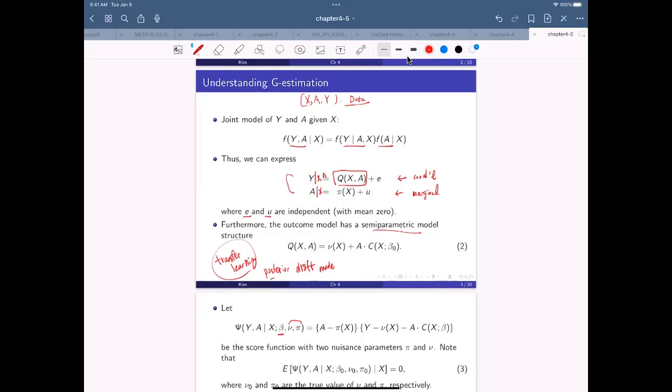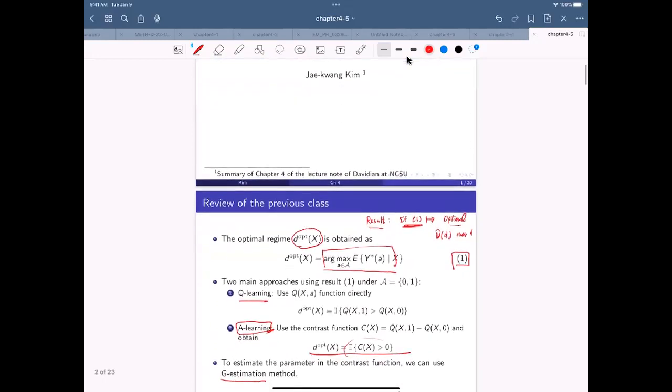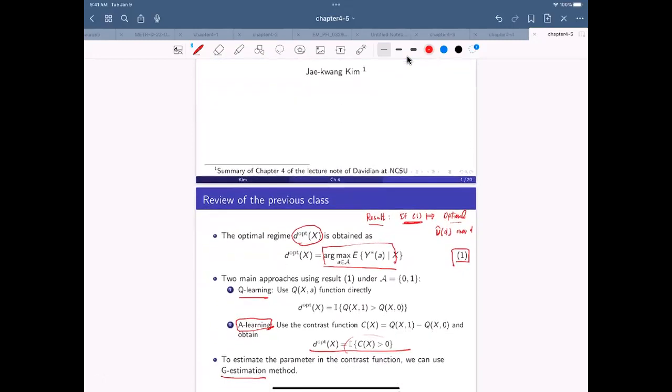Yeah. So basically, I didn't cover it in my class, but in the book, the authors discussed two approaches. So actually, we are talking about there's two approaches, right? One using this condition 1, and the other one using the estimated value, right? And then the question is under what conditions the two approaches give the same answer.